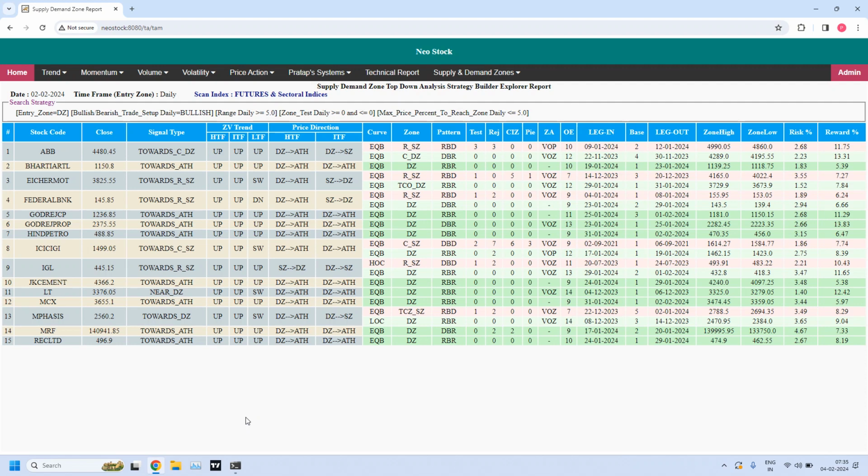Apart from that, fine-tuning the zone gives you another advantage: better risk reward. You get a very good risk reward when you fine-tune the zone. These are all the same techniques I am doing every day in our daily analysis videos. Maybe I am doing it from a short-term point of view, but the concepts are the same.